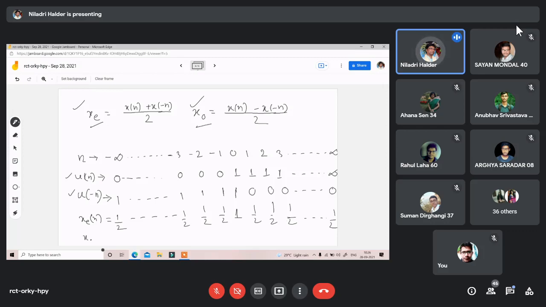Okay, then tell me what will be the value of xo[n]? From minus infinity to minus 1, all the values you will get minus half.